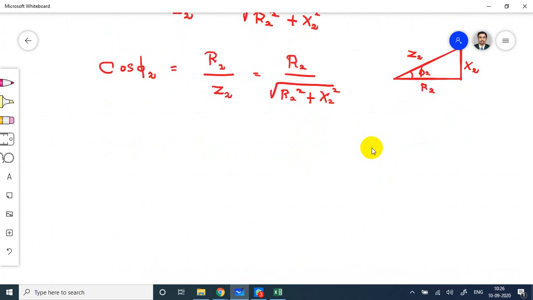Now substitute I2 and cos phi 2 in the starting torque equation.